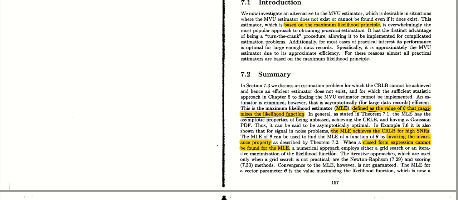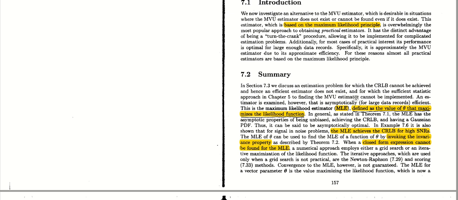The unfortunate truth is that a lot of good estimators are not in closed form. Then what's the difference between closed form and not closed form? If you find an estimator in closed form, it's a function of data in closed form, then that will be easy for calculation, right?